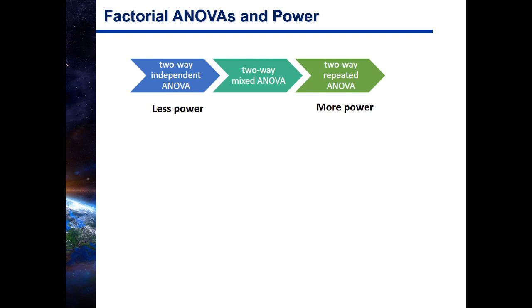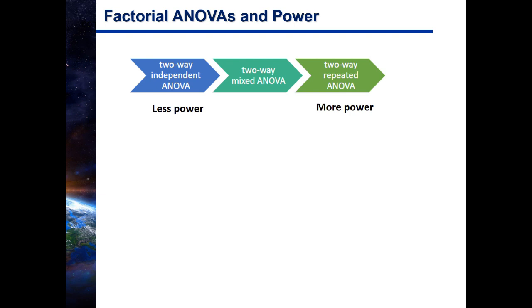So all things considered equal, which type of two-way ANOVA is going to be the most powerful? Well, you learned previously that if we have a within subjects factor, or it could be a matched factor, right? We could have done matching. But if we have that kind of factor, we can reduce the error term.